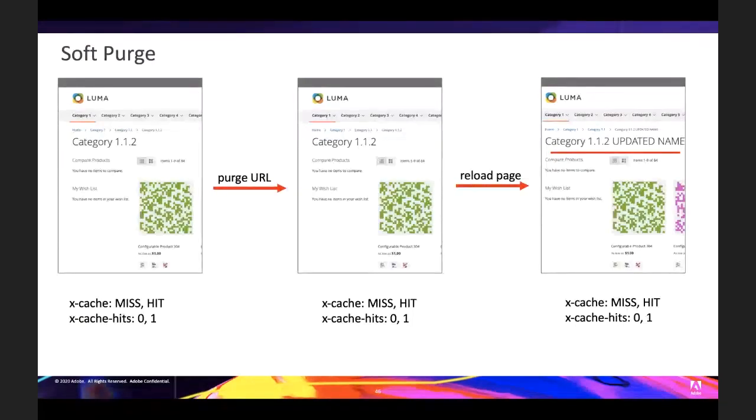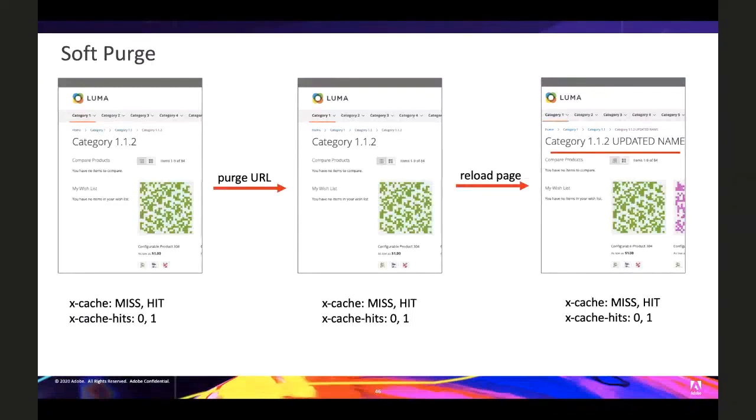Nothing was changed, and you see in the headers that it is a hit, so it's taken from cache. But if you reload the page after that, you will see that the column was updated, and you still have that X-Cache miss hit.